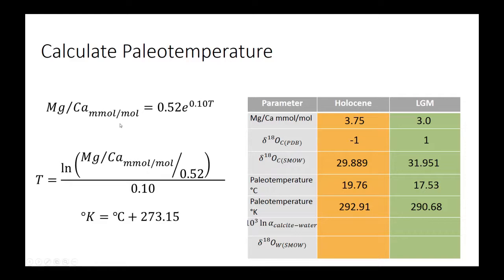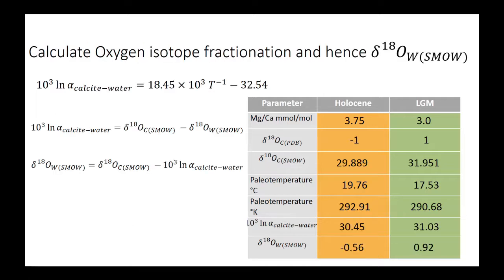So divide by 0.52 both sides, take the natural log of both sides, and then divide by 0.1. That gives us the temperature in degrees C. To get it in Kelvin, we can add the 273.15, which is something you should know. So that gives us the temperature.